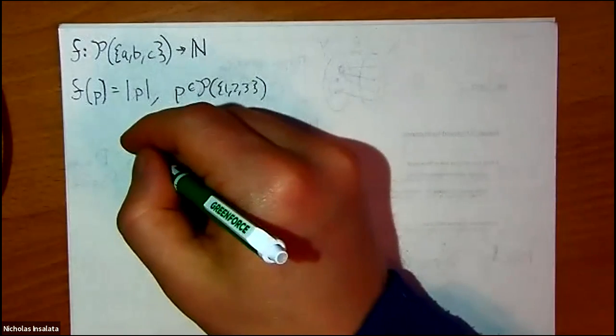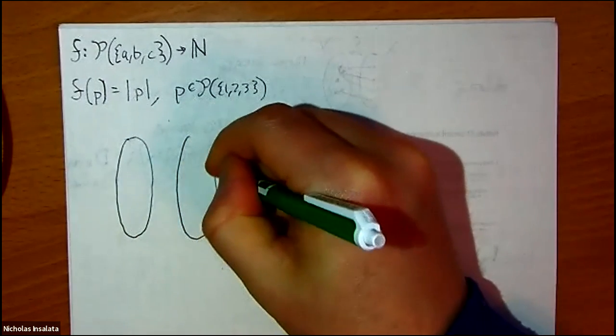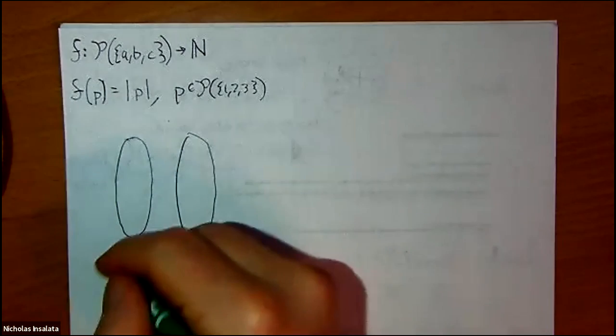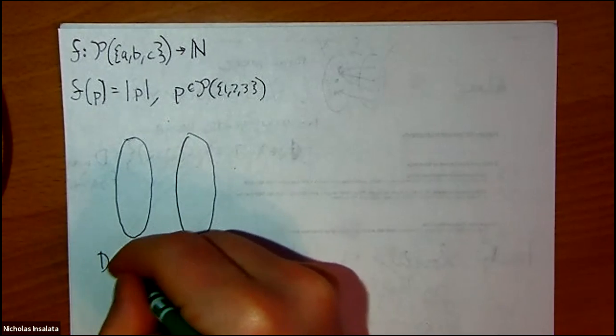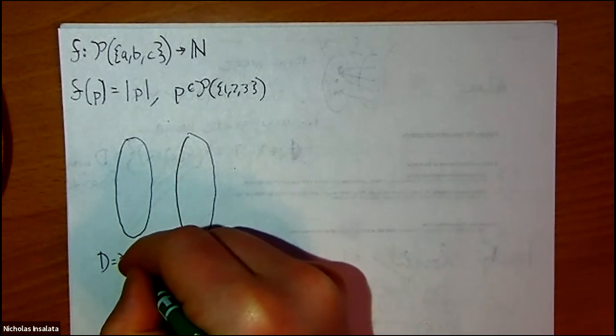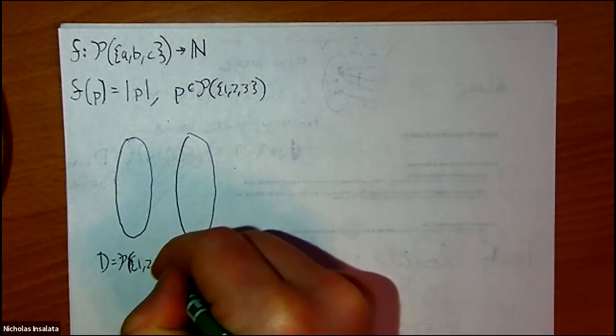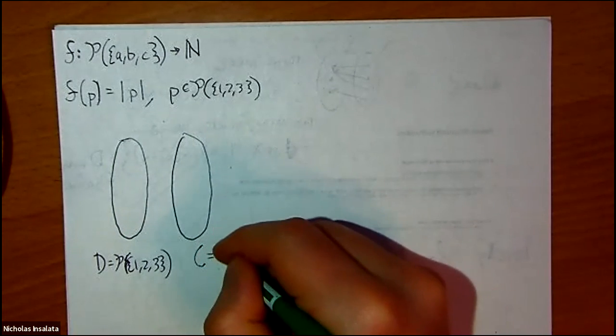So I'm going to have two circles. What's the name of the circle on the left? What's that called? The domain, okay. And in this particular case, the domain equals the power set of 1, 2, 3. And on the right is the codomain, which is going to be the naturals.